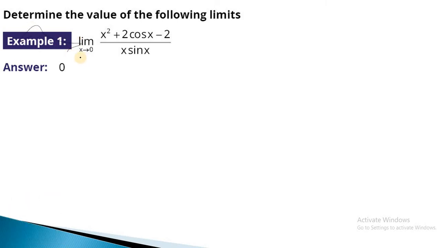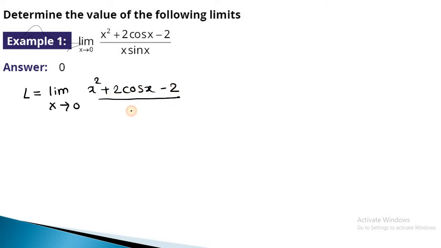Evaluate limit as x tends to 0, x square plus 2 cos x minus 2 upon x into sin x. So L is given as limit as x tends to 0. Numerator is x square plus 2 cos x minus 2 divided by denominator x into sin of x.